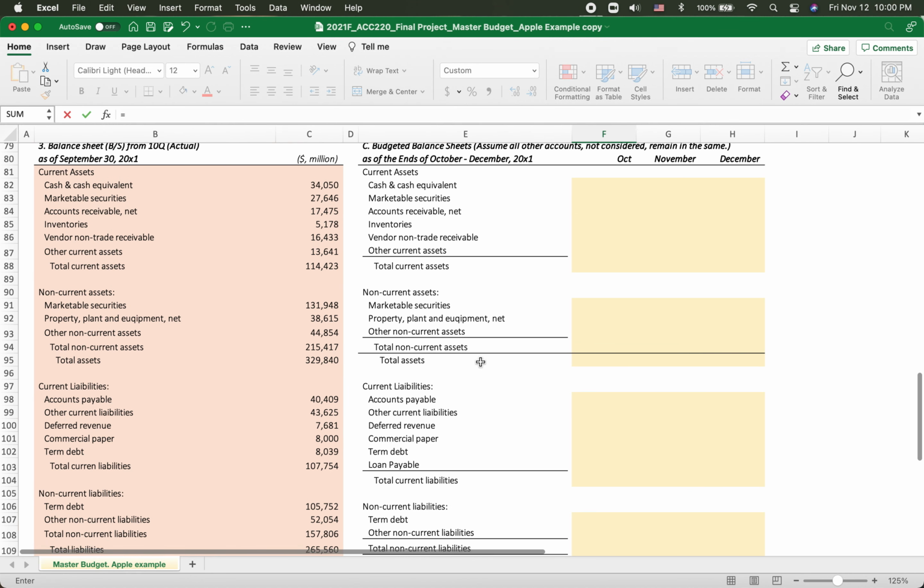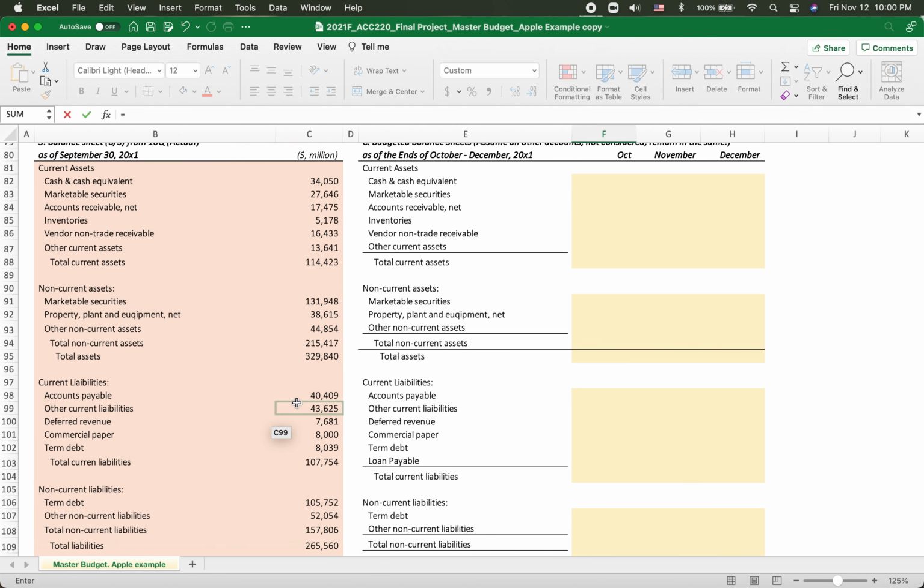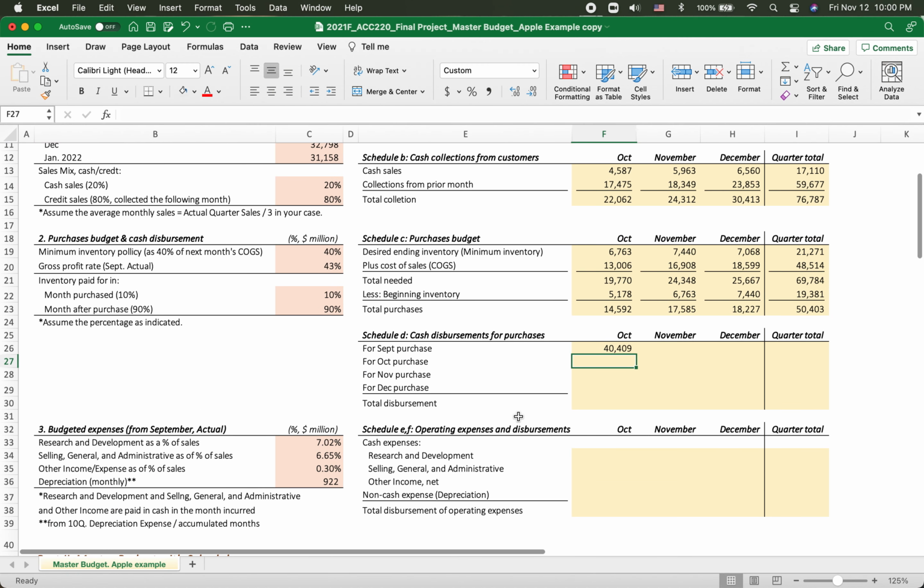Right, here you go. Accounts payable, $40 billion on the balance sheet in actual, is the starting point, because accounts payable is the cash to pay, right? The company deferred this payment to the next month, which means 90% of the September purchase.